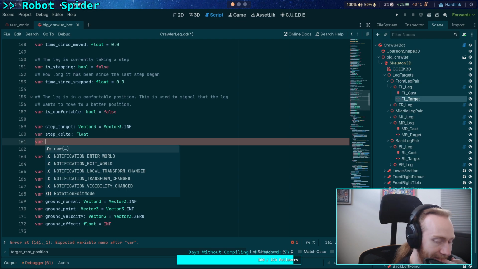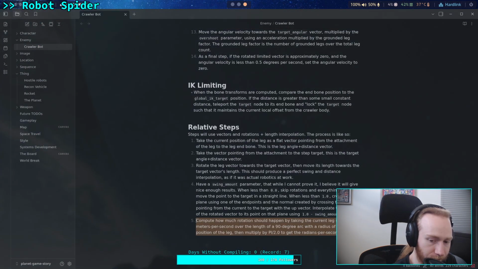I need the radius. I need the quarter circumference radius. Take the leg speed over that value. Multiply by pi over 2 to get the rotation.